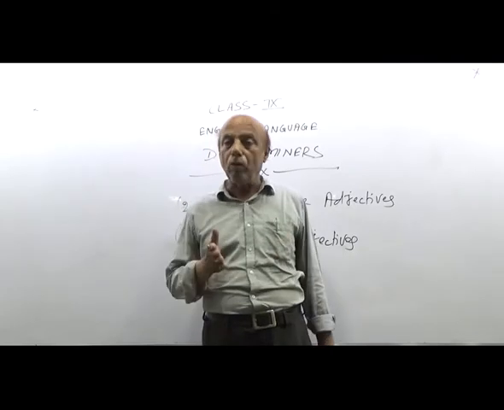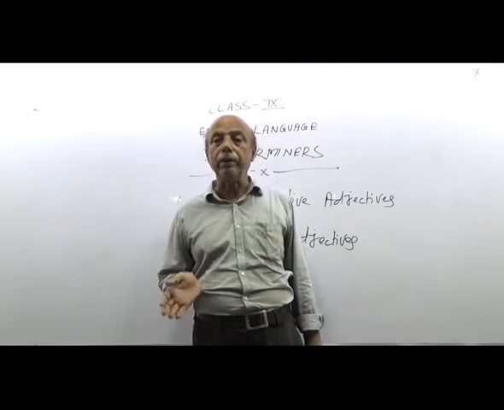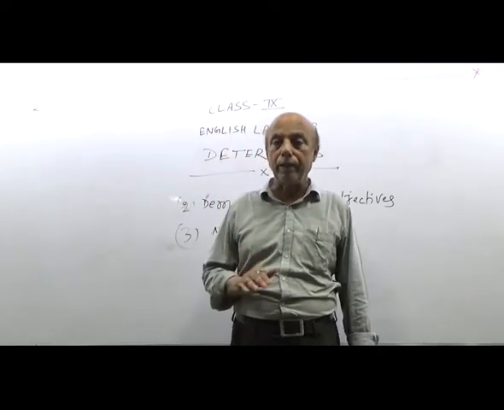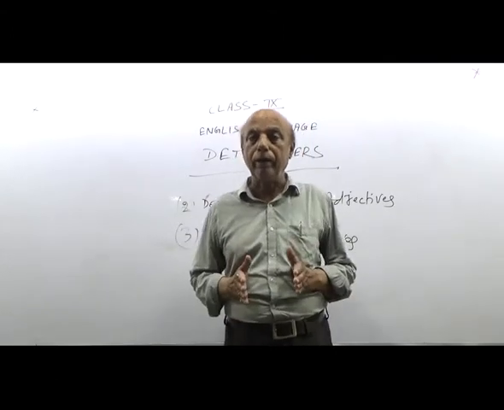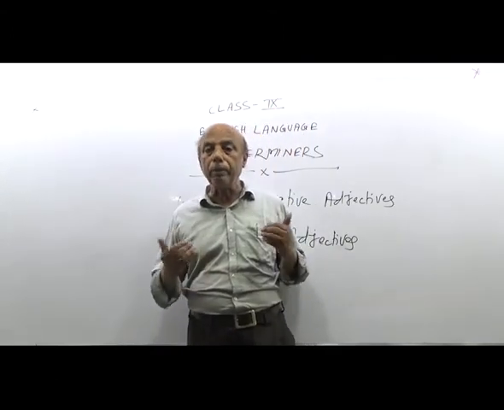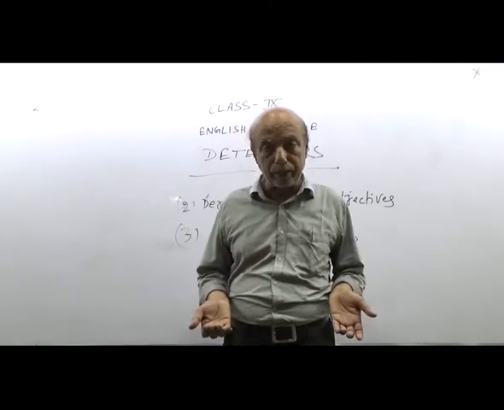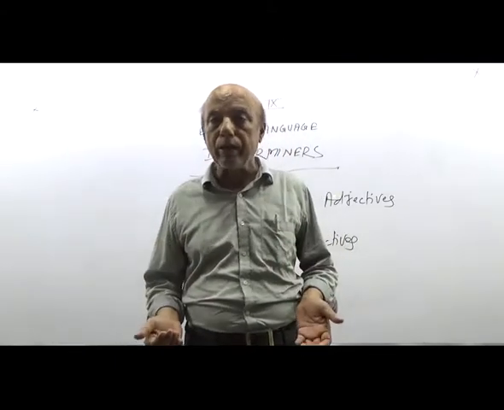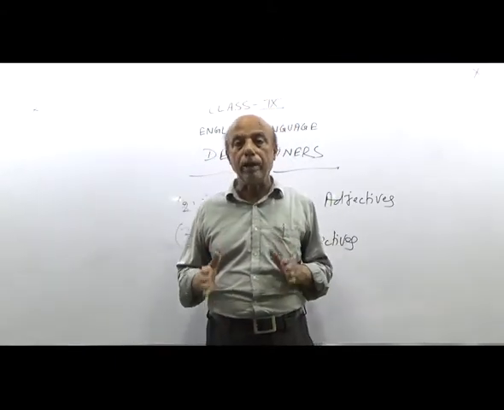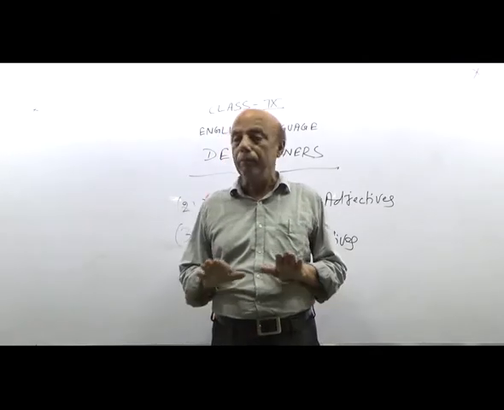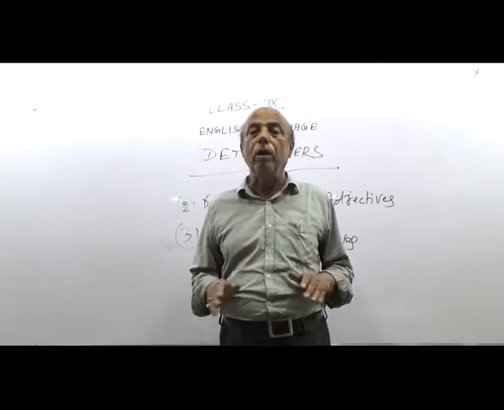In this way, each and every determiner has been taught, and thereafter it completely depends upon the way of practice. If practice is done, it will be learned in an easy way without any trouble.